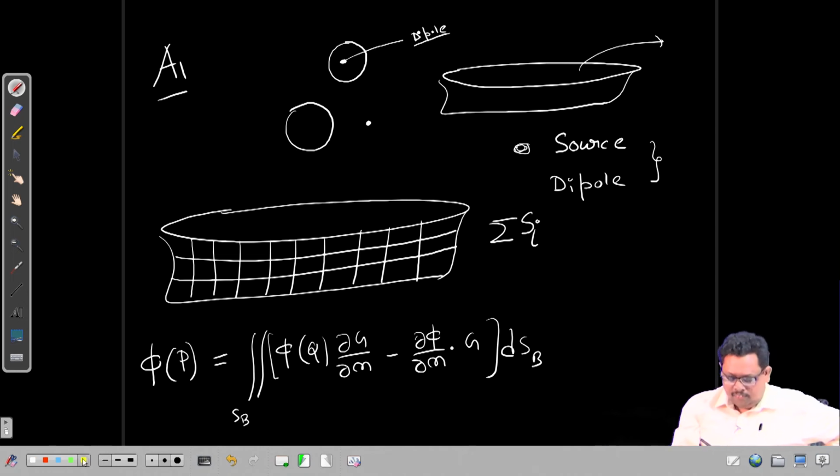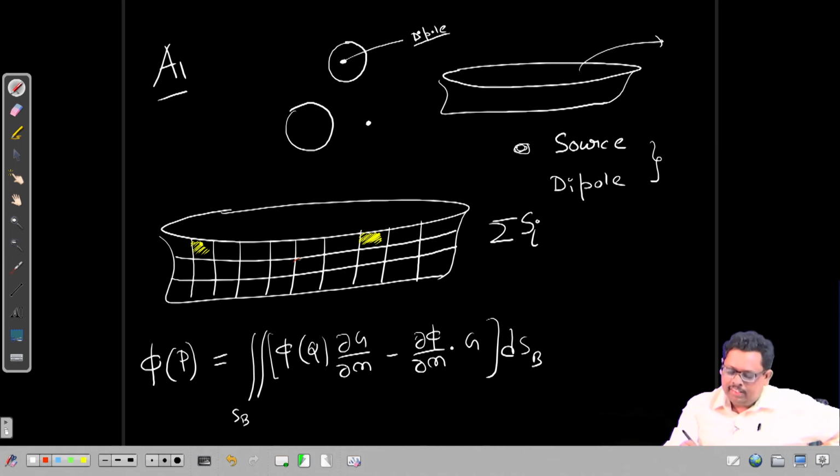Now, we need to find out in this discretization how phi is varying. You see here, the value of phi cannot be the same here.